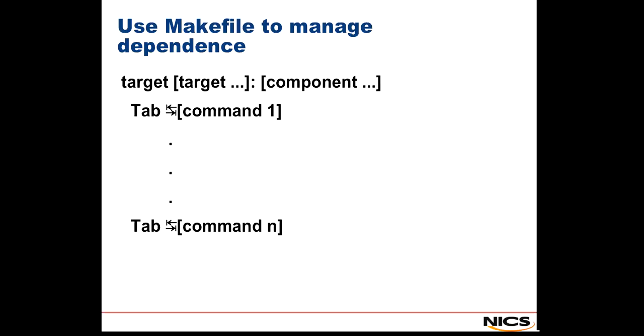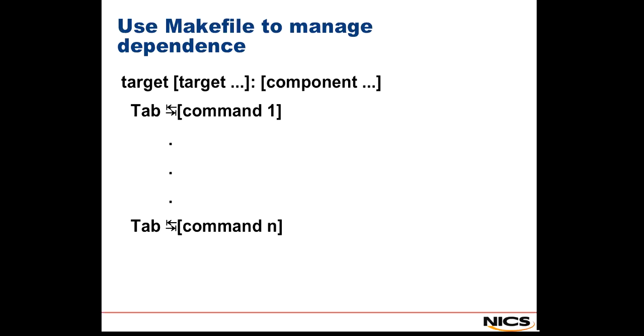So if any of the components on the right side is not ready, then the makefile will jump to the section corresponding to that component and try to work out that component first before the makefile comes back to take care of your target.